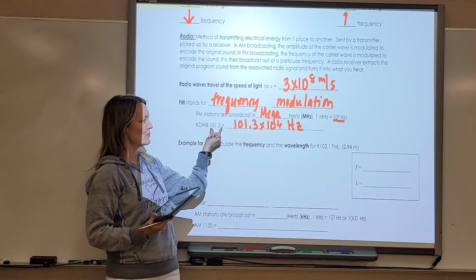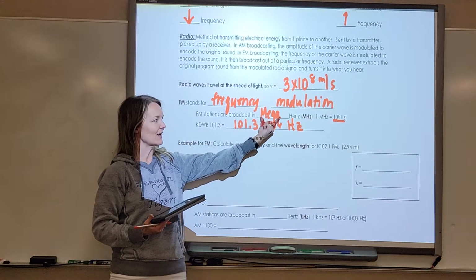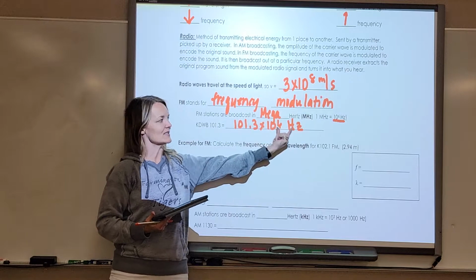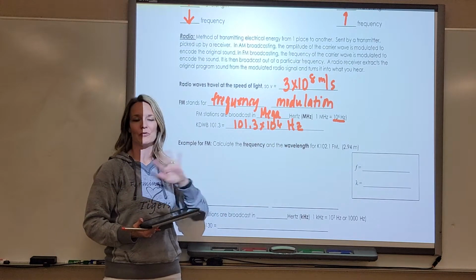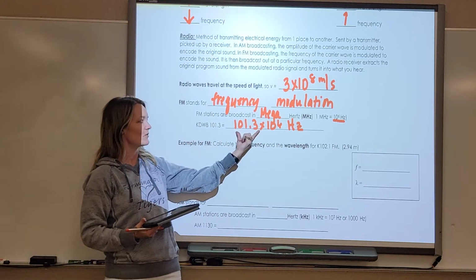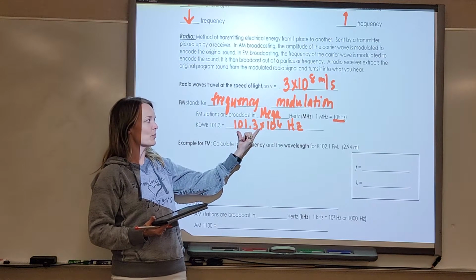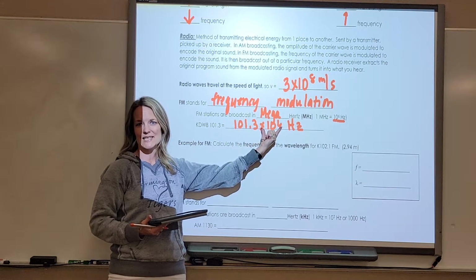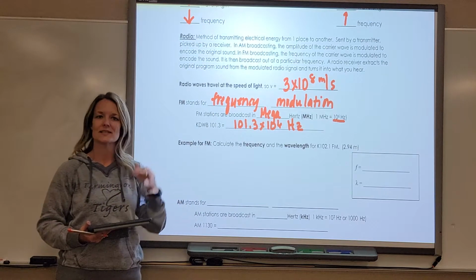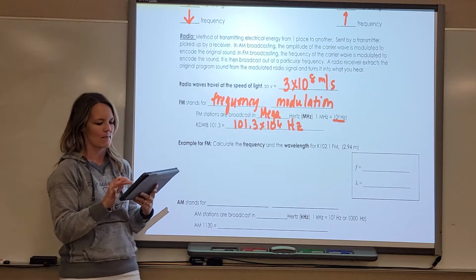It is sent out in megahertz, which is 10 to the 6th hertz. So for any FM radio station, whatever the call numbers are, you just write times 10 to the 6th behind it, and that converts it into hertz. We need that in order to do our math.